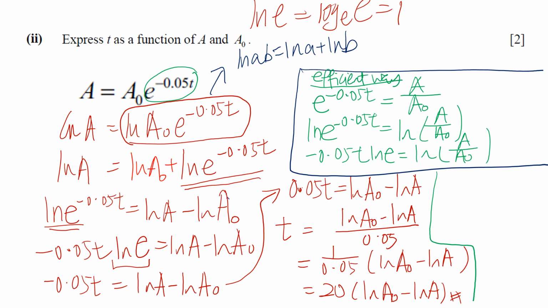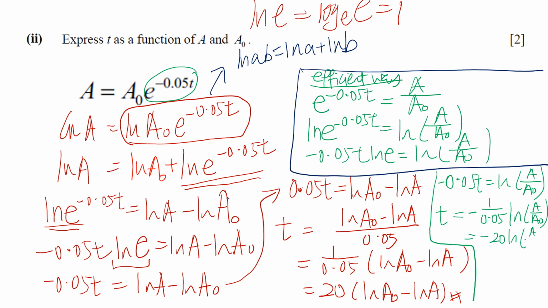So ln e is 1, so negative. So t will be equal to, again, the same thing: take this divide by negative 0.05. That means it's negative 1 over 0.05 times ln A over A subscript 0. And that gives you negative 20 ln A over A subscript 0. And you will see both answers are the same.